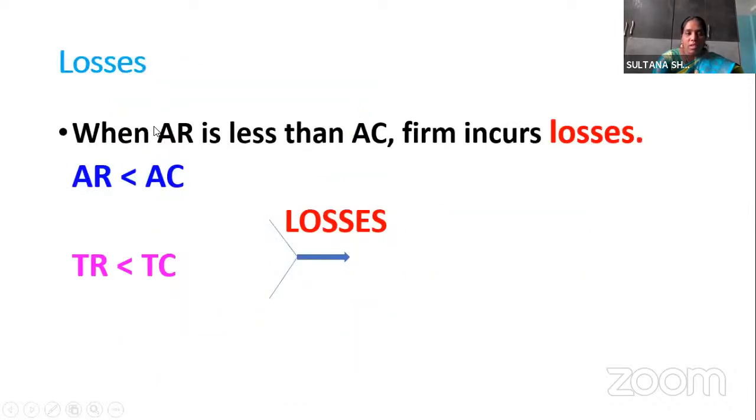Next, losses. Losses mean average revenue is less than average cost, which means revenue is lesser than cost. When cost is more and total revenue is less, that condition explains that the firm is getting losses.